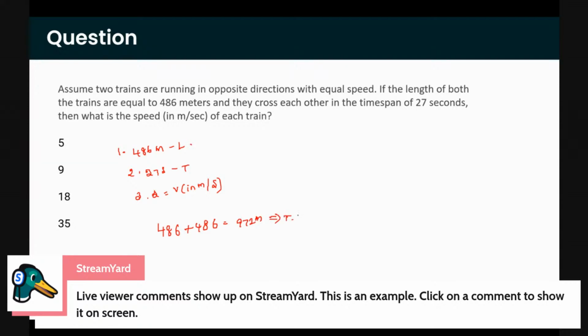This is the total distance covered. In the next step, we are supposed to calculate the relative speed. How can the speed be calculated? Distance by time. The distance we calculated is 972, divided by the time given as 27 seconds, which is equal to 36 meters per second.